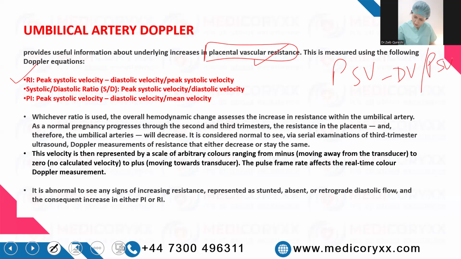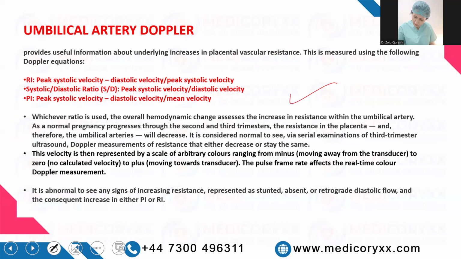Then there is the systolic to diastolic ratio, the ST ratio. This is important. Whichever ratio is used, the overall hemodynamic changes assess the increase in the resistance within the umbilical artery.